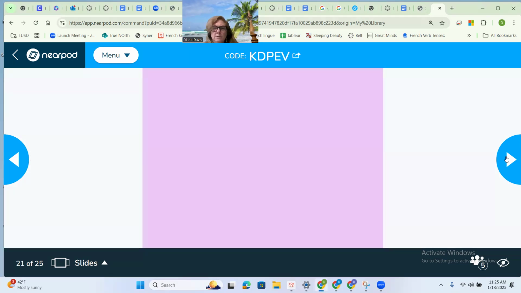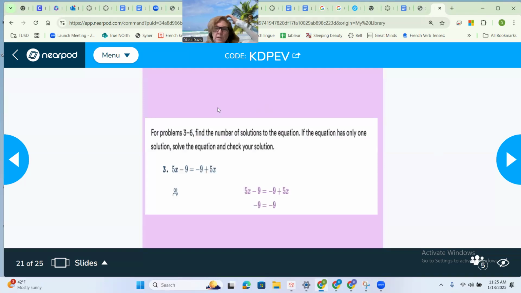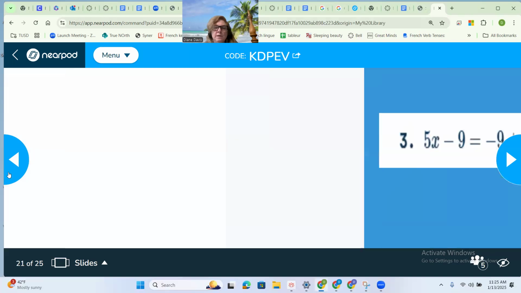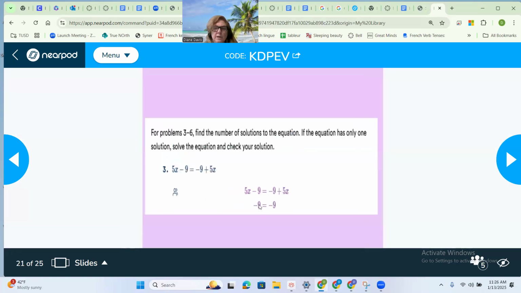Okay, let's move forward. Okay, for problems 3 through 6, find the number of solutions to each equation. All right. 3x take away 9. When you solve that, you get -9 equals -9.